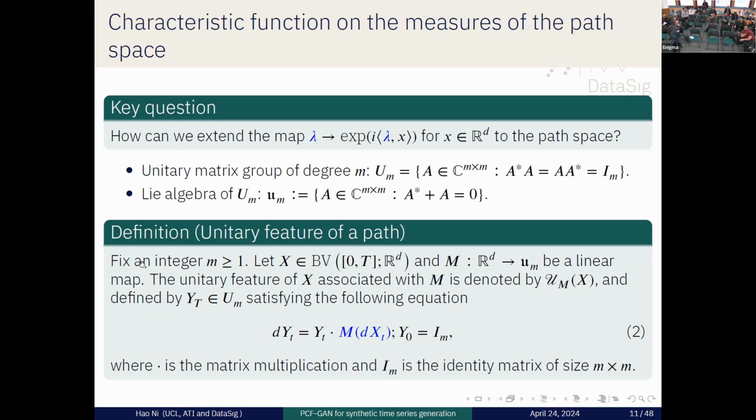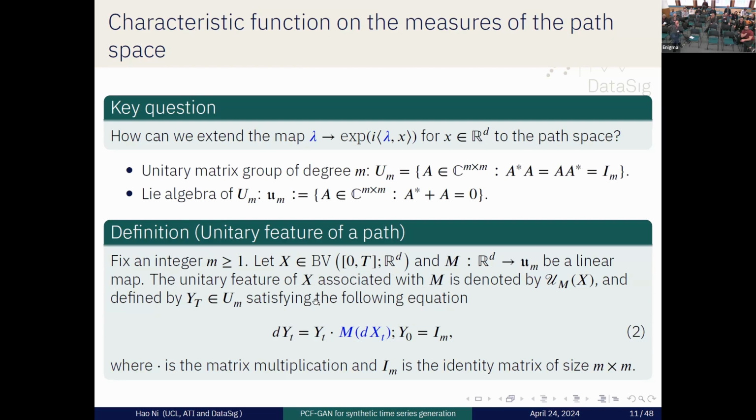Let's first fix the integer m, which is the matrix order, and let x denote a path of bounded variation. And this capital M is a linear map, which maps from R^d onto the Lie algebra um.